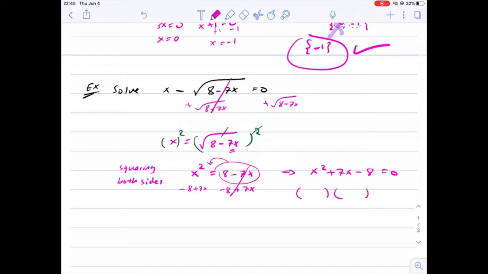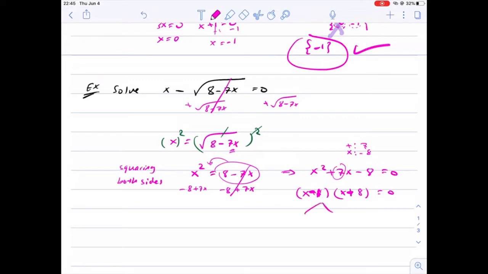We can solve it by factoring this expression into x plus 8 and x minus 1. We need to find two numbers where the sum is 7 and the product is -8. The two numbers are 8 and -1.